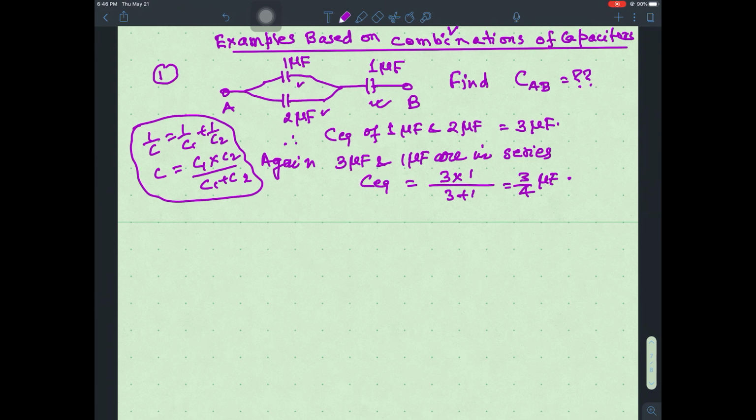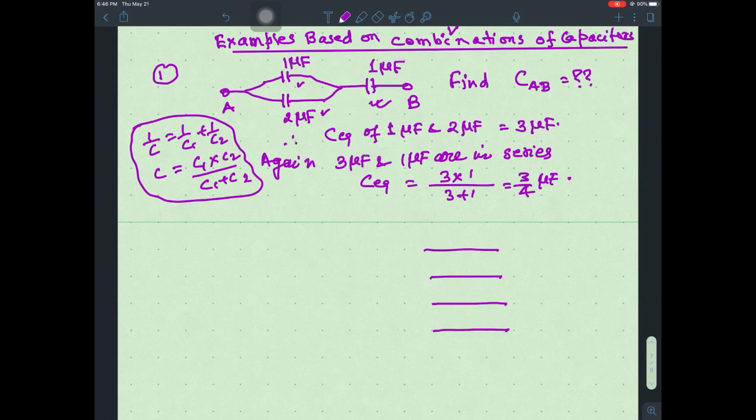This example is a very good example, and before starting it, I would like to tell you, suppose there are plates. One plate is this, one plate is this, one plate is this, and one plate is this.